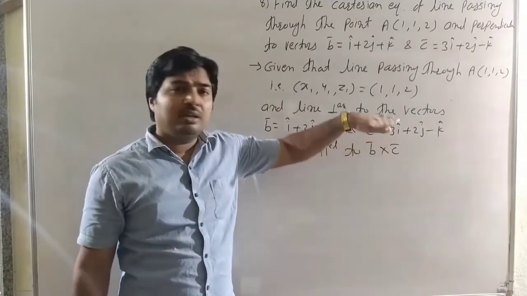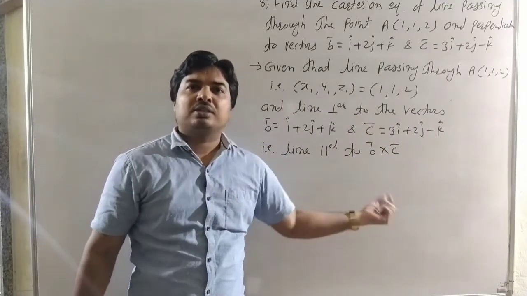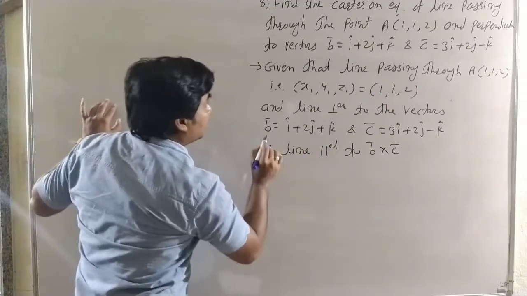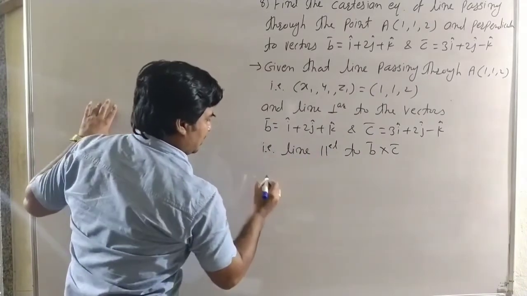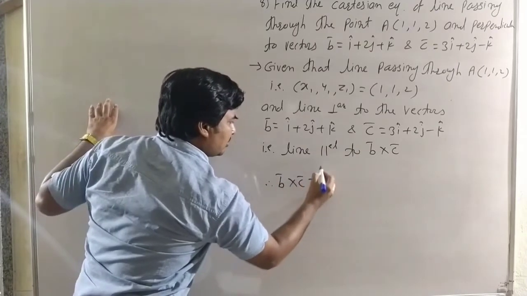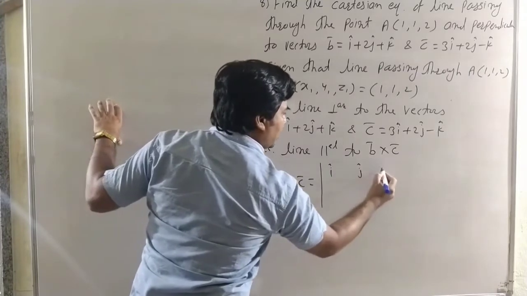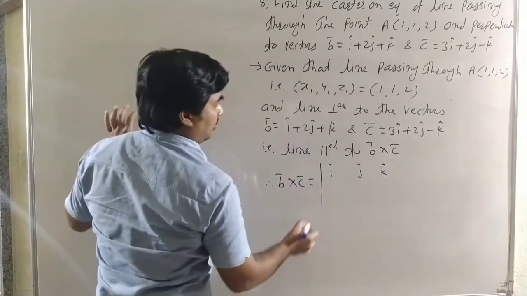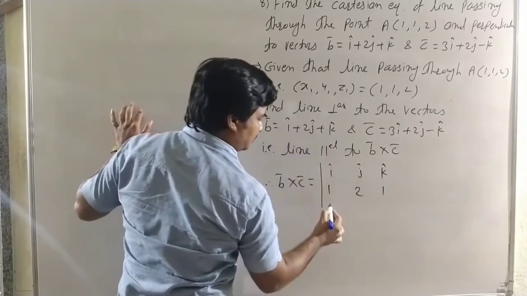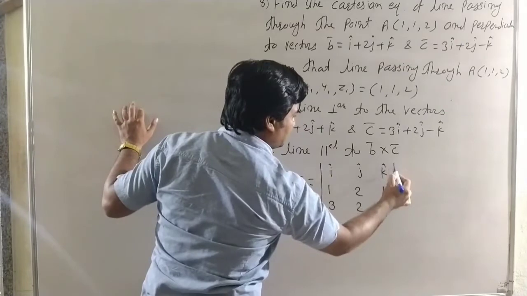First we find the vector B bar cross C bar, and its components are the direction ratios of the parallel vector, that means the direction ratios of the line. Therefore B bar cross C bar is the determinant with i cap, j cap, k cap; 1, 2, 1; 3, 2, minus 1.